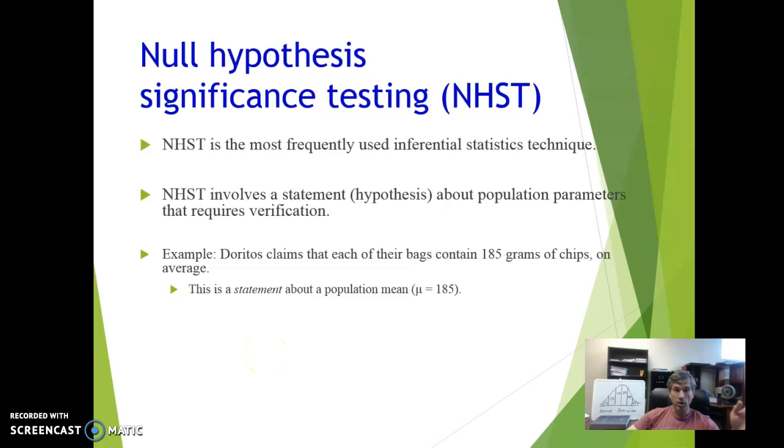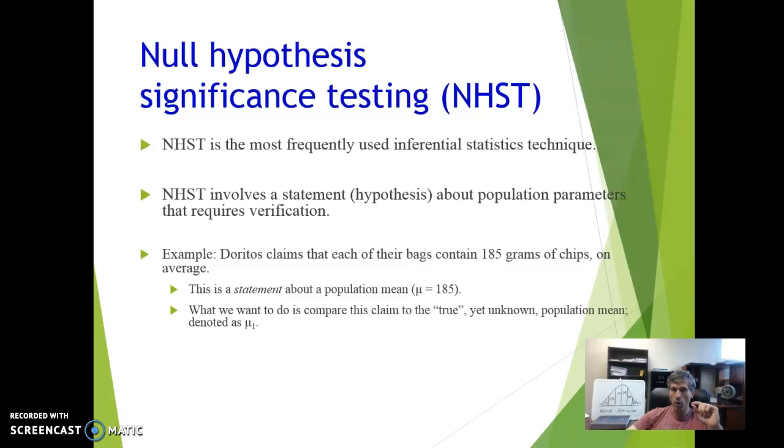We could falsify it. We could find evidence that that is not the case, or we could find evidence that perhaps is more supportive of that. What we would want to do in this test is say, okay, there's a true population mean out there, the real actual average amount of chips in all of the Doritos bags on Earth. That's the real population mean. We're going to call that mu1.